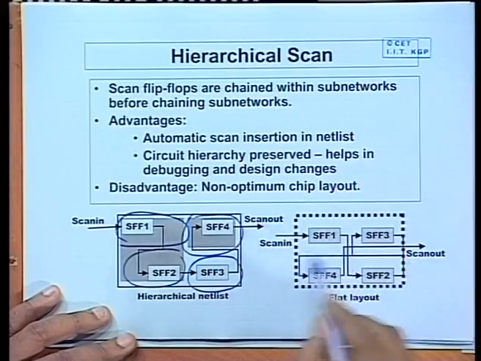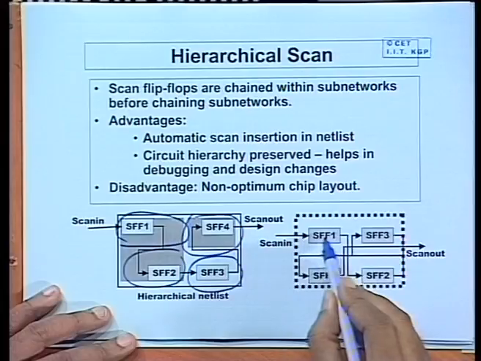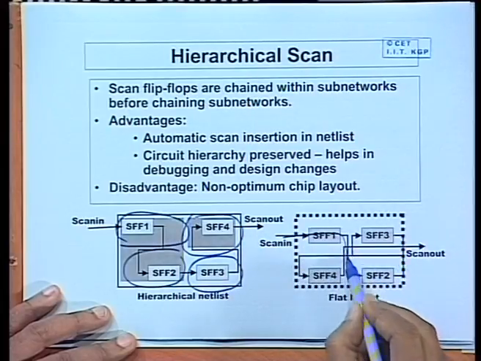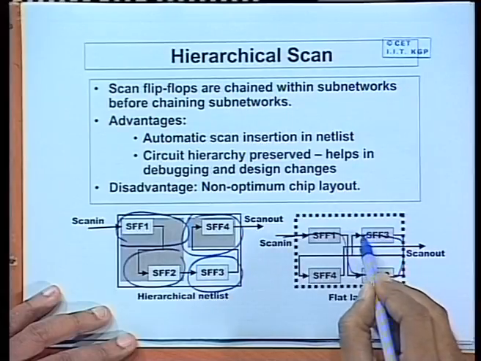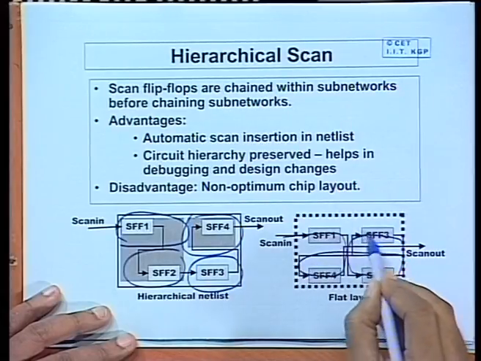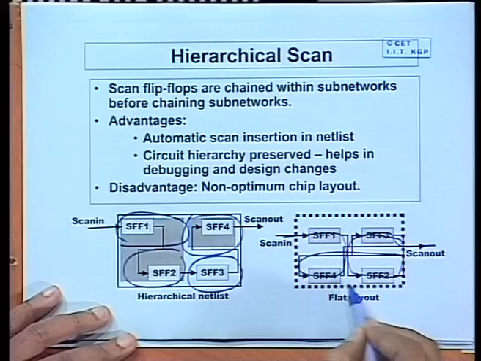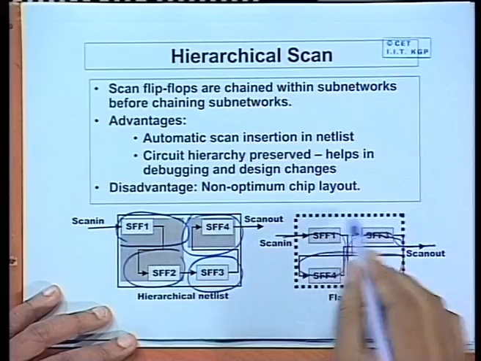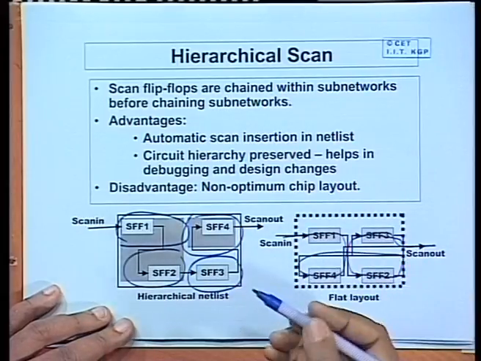Now, if you had a flat layout, then all these flip flops would be connected in a single scan chain like this, okay, like this. They will be connected in a long scan chain, but here what I am saying is that, well, here also the same thing is true, but instead of considering the whole circuit as a whole, you do it hierarchically.